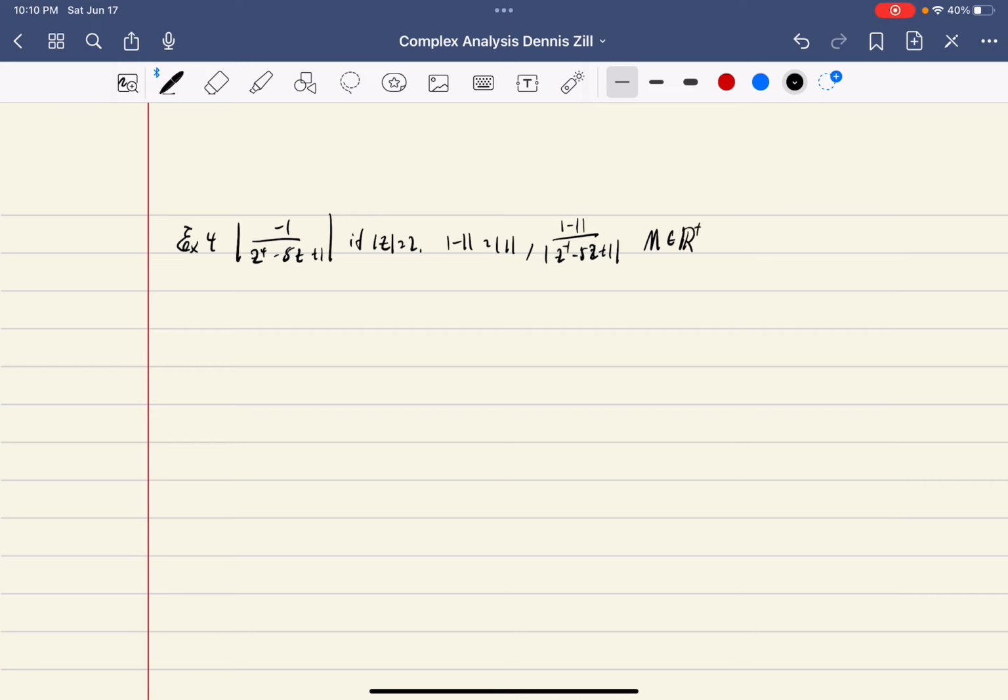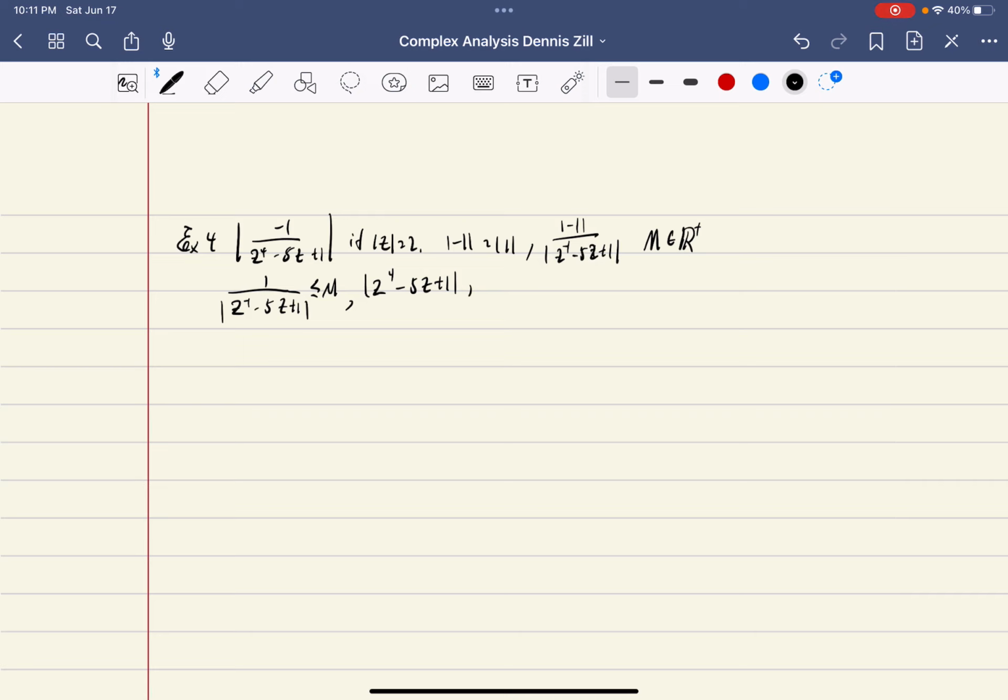And well, we say that 1 over z to the 4th power minus 5z plus 1, well, that is less than or equal to M, right? Well, let's simplify these. Let's simplify the modulus. Well, we know that, if we factor out a negative sign, our goal over here is really to break it into two components, right?